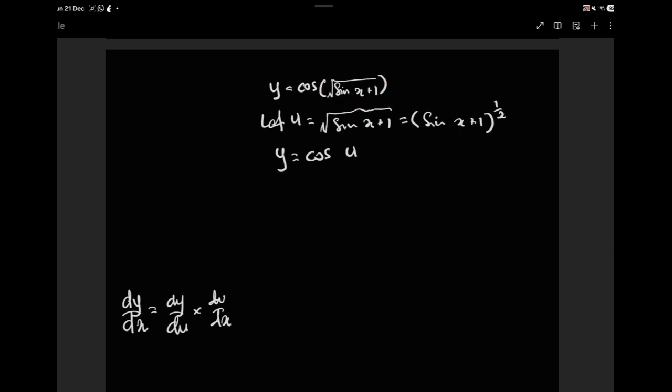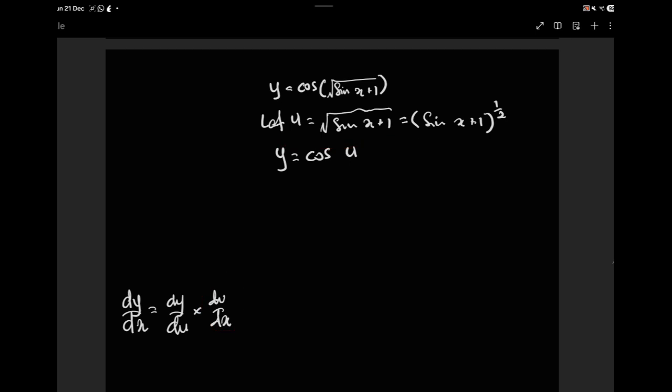I don't know if you realize it or not, but at this point we have defined all of the functions that we need to differentiate. Let's check: do we have dy over du, a function of y equal to u? We do. What about du over dx? We have u equal to a function of x. So we can use this to get this.